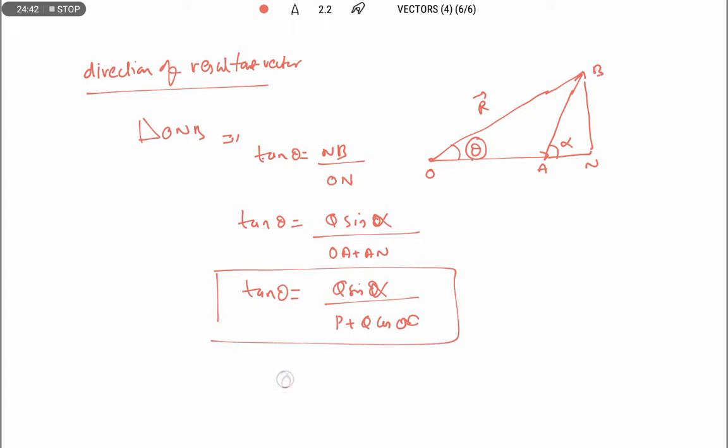So resultant direction theta equals tan inverse of Q sin alpha by P plus Q cos alpha.